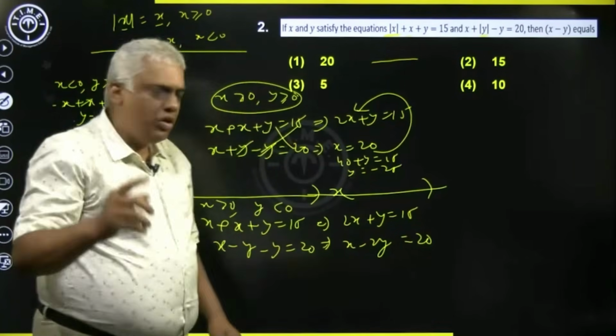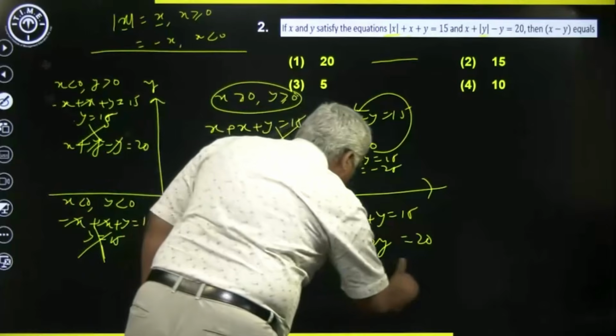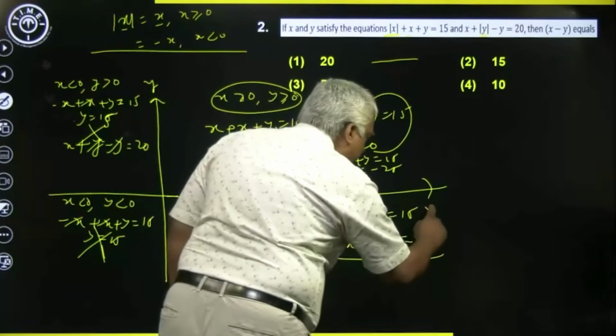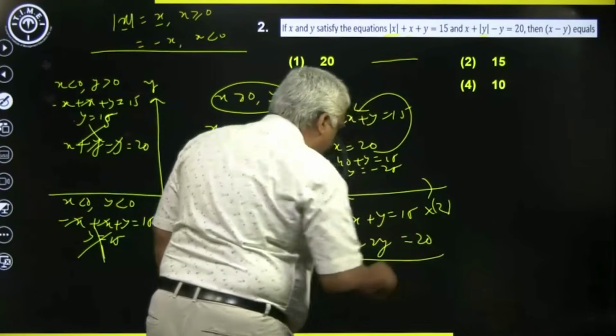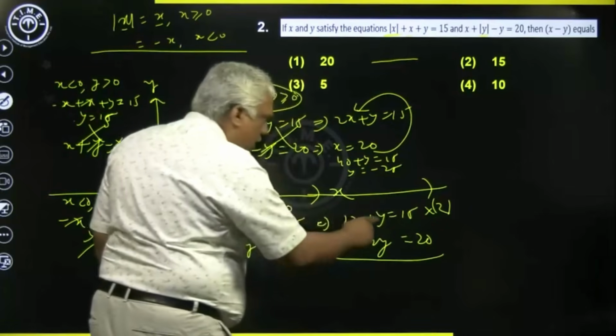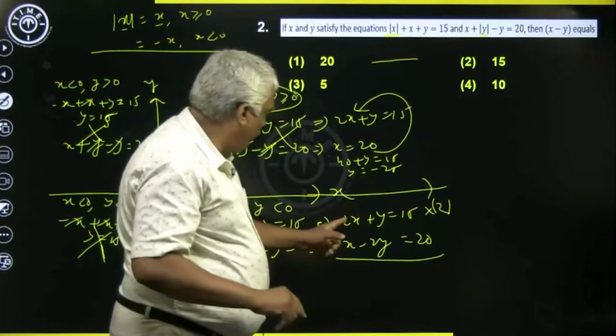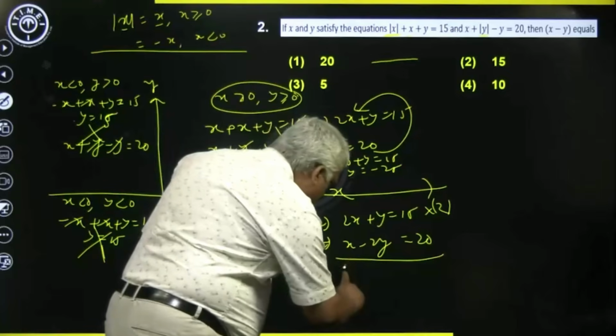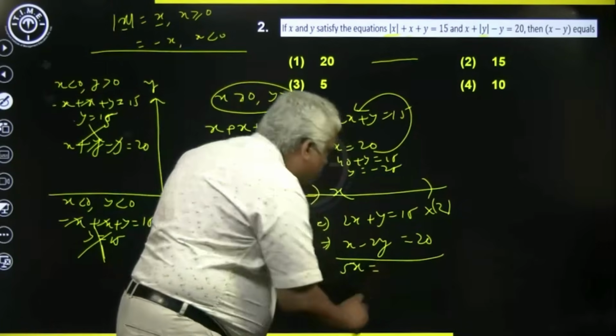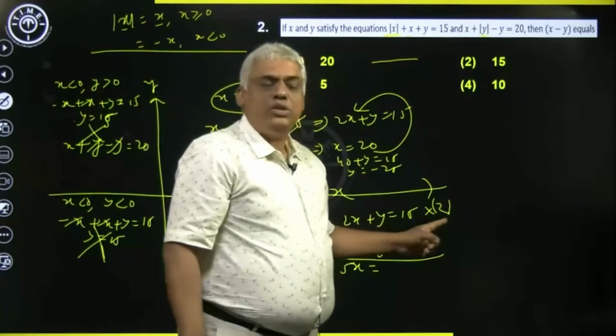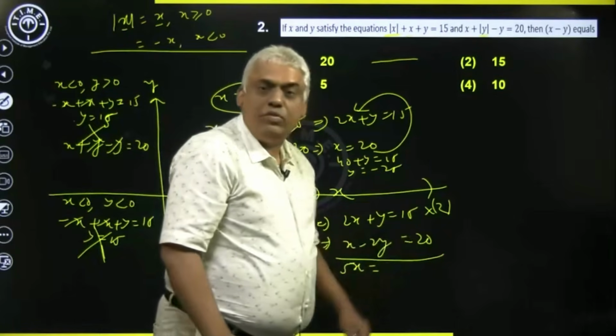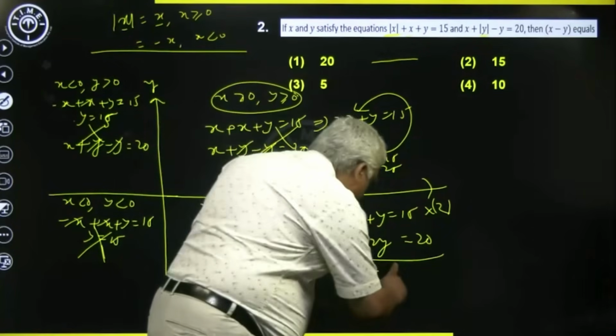Let us solve these two. Let us multiply the first by 2 and add. So 2y gets cancelled. 2 times 2 is 4, 4x + x is 5x, equals 15 times 2 is 30, plus 20, 50.